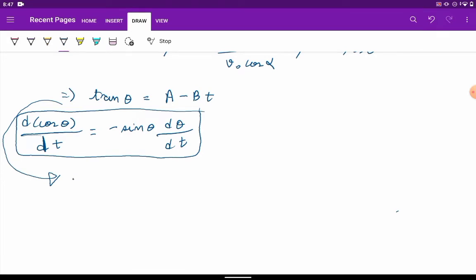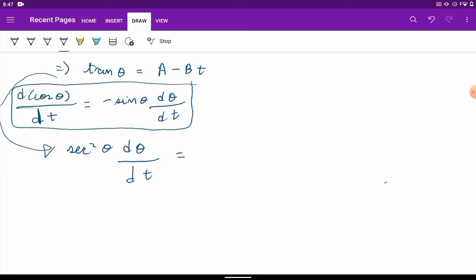Tan theta becomes secant square theta d theta by dt, equal to minus B. We need both d cos theta by dt and d sin theta by dt, because we need to see how g cos theta and g sin theta vary. d sin theta by dt becomes cos theta d theta by dt.